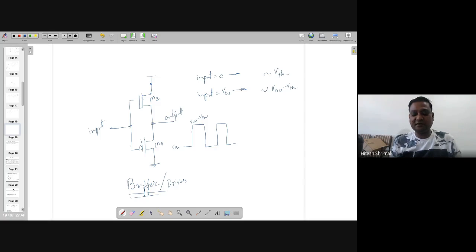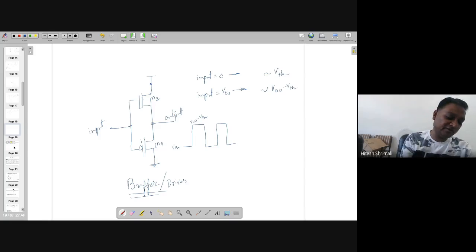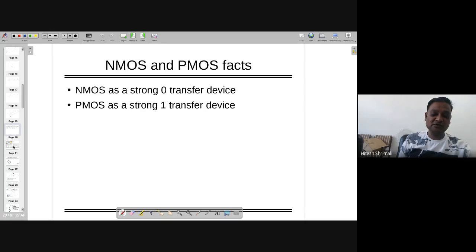Thankfully, I believe that VDD minus VTH and VTH will be qualifying as logic 1 and logic 0, depending on the noise margin available. So then there is no problem. But the conclusive remark is NMOS is a strong 0 transfer device, whereas PMOS is a strong 1 transfer device.